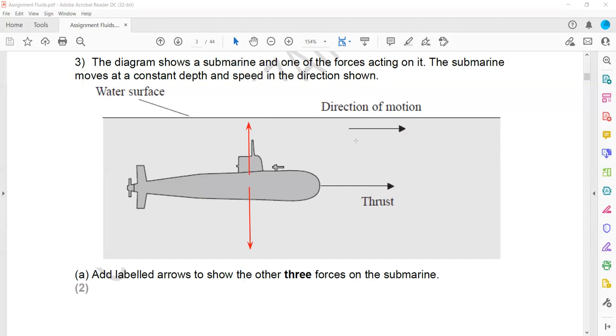So if speed is constant, the force resisting the flow, the viscous drag, will be balanced with the thrust, and the upthrust will be balanced with the weight.